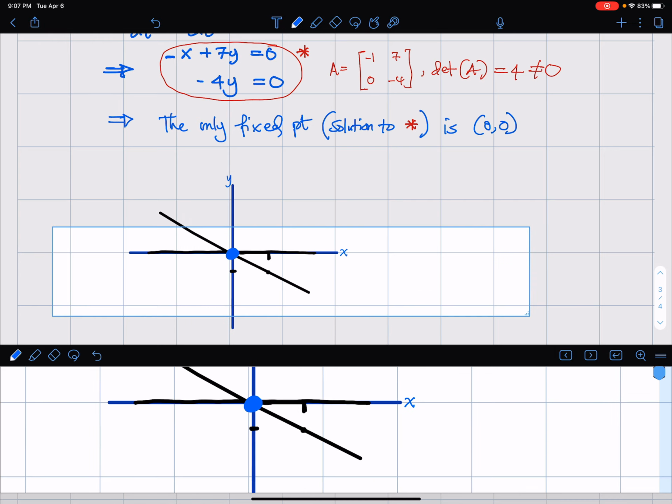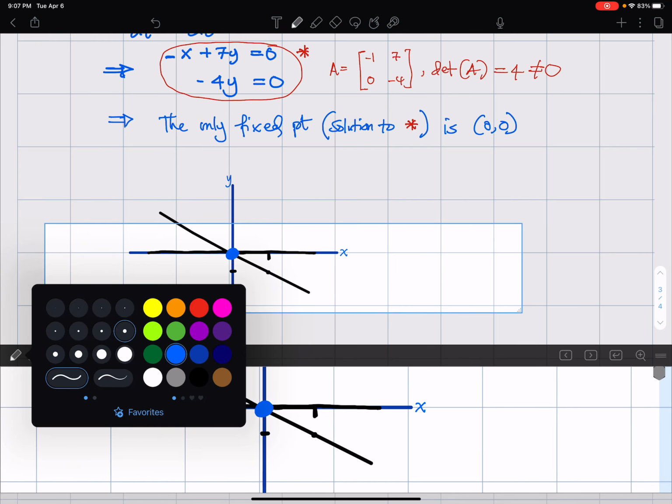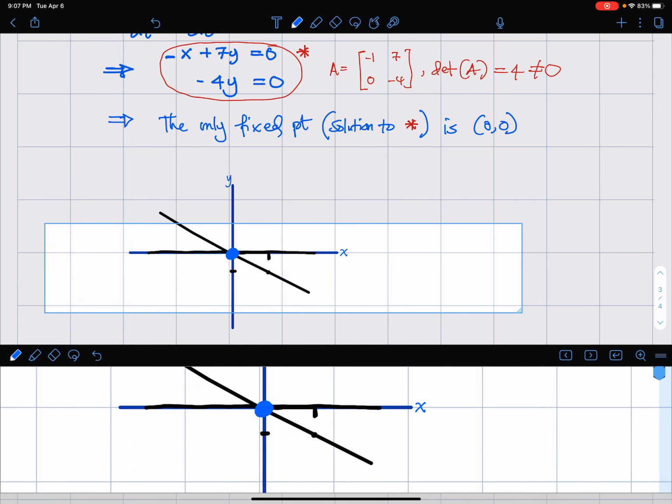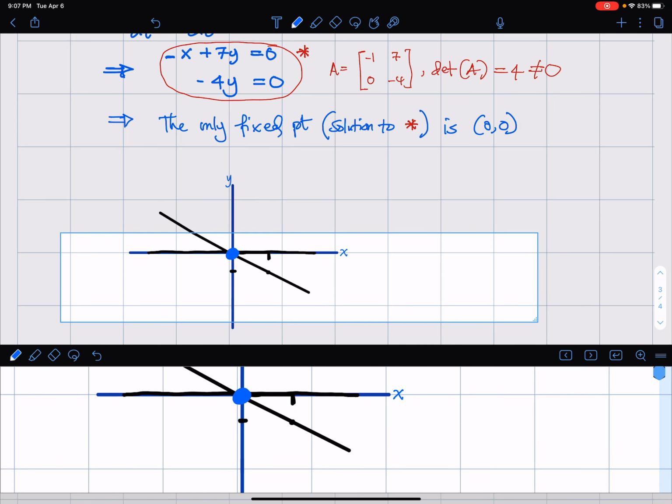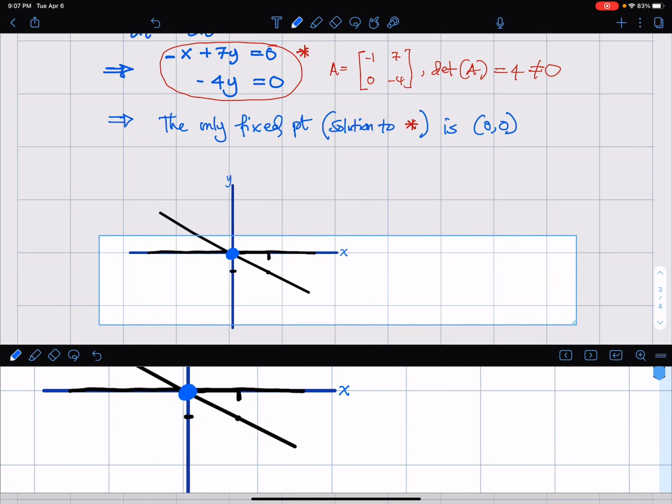Now, I'll tell you the reason why I don't want the arrows. The arrows, in this phase portrait, mean a lot. If the eigenvalues are negative, the arrows should point inwards.